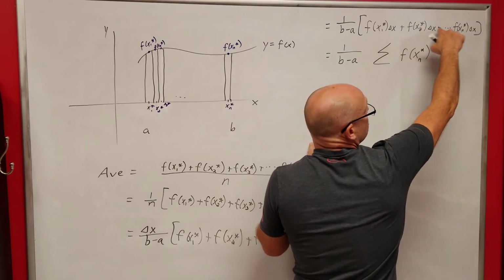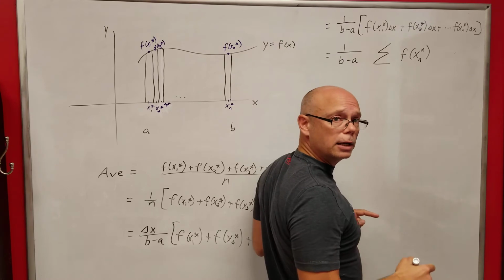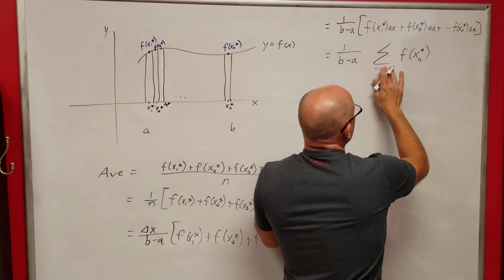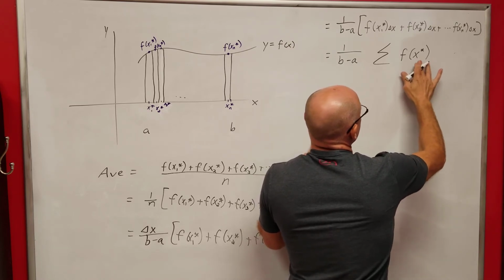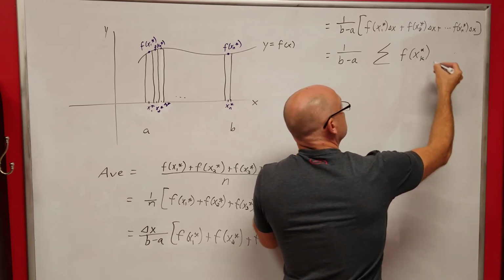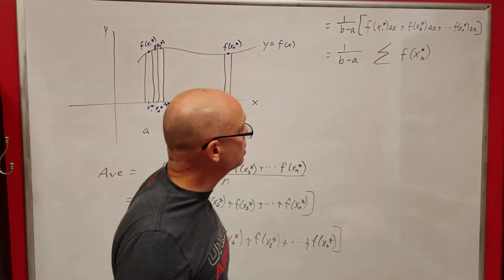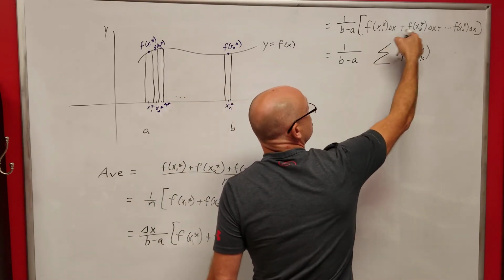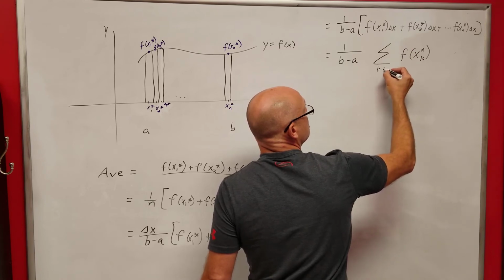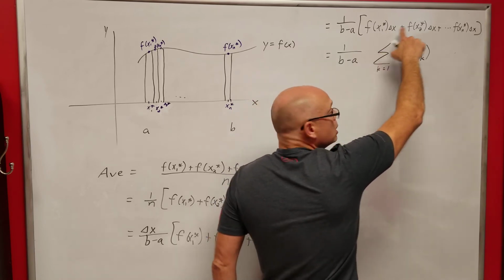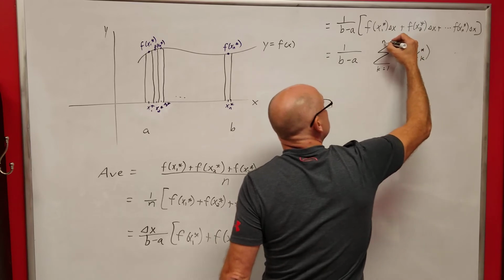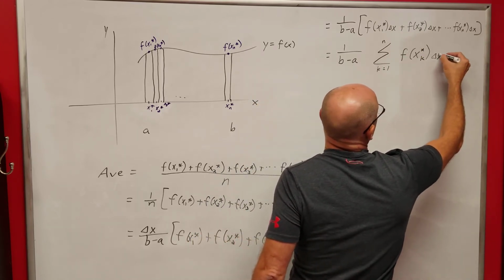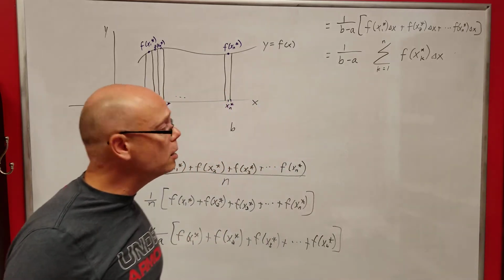So this subscript is changing, so I'm going to call that my k value. Let's call that k, because that's the part that's changing, right? Let's say k starts at 1. And where does k end at? n, right? And what else do I have? I have delta x at the end of it. So I can write the summation like that.